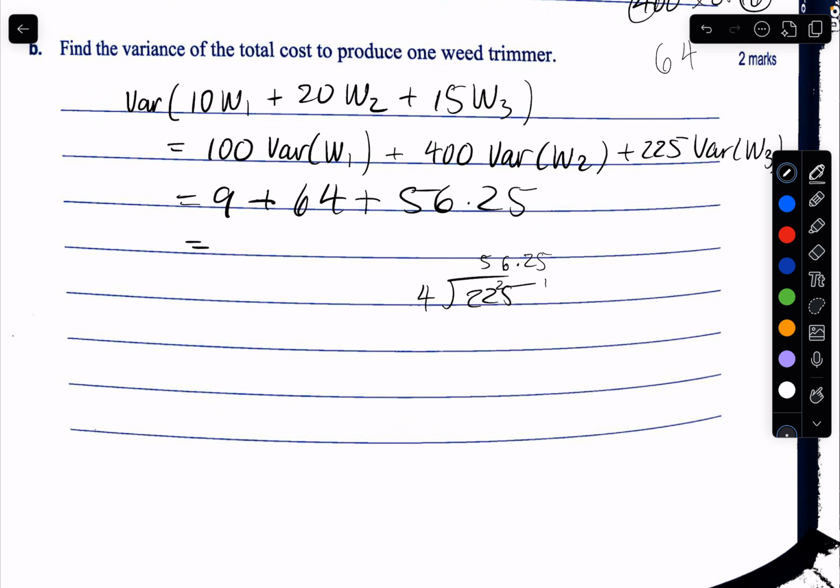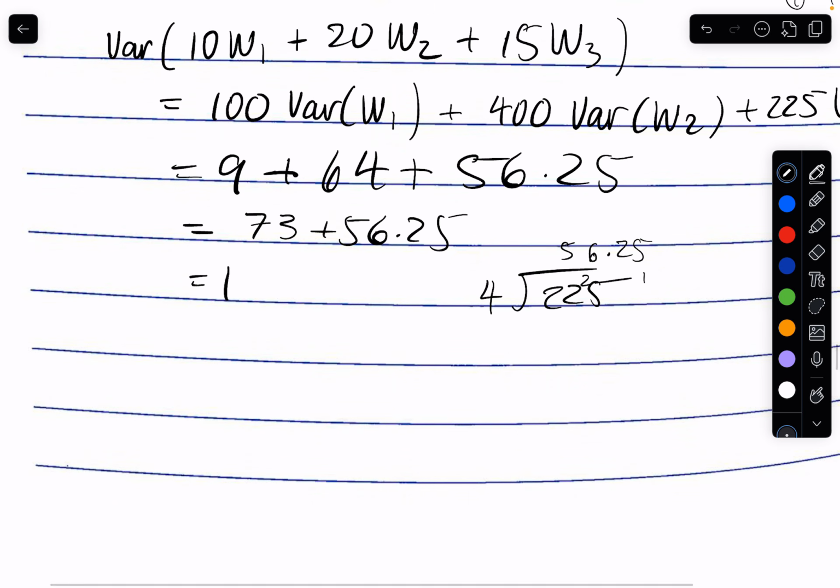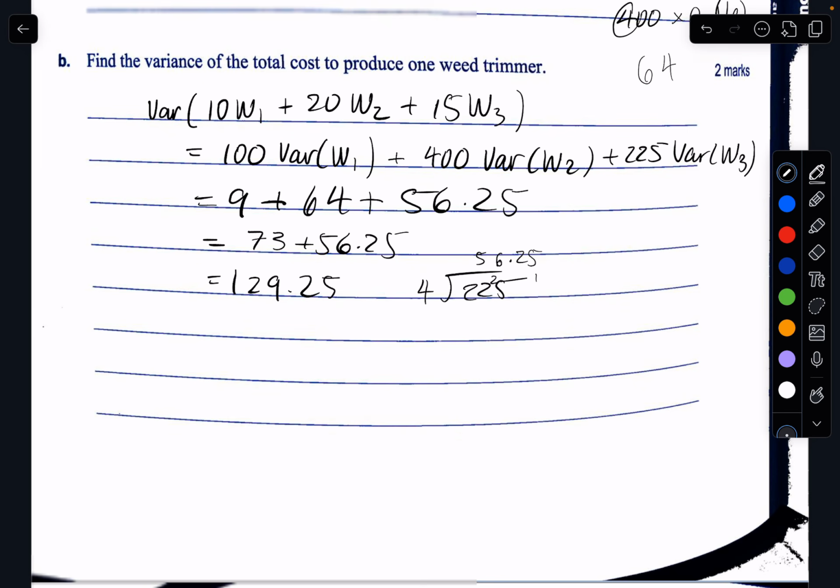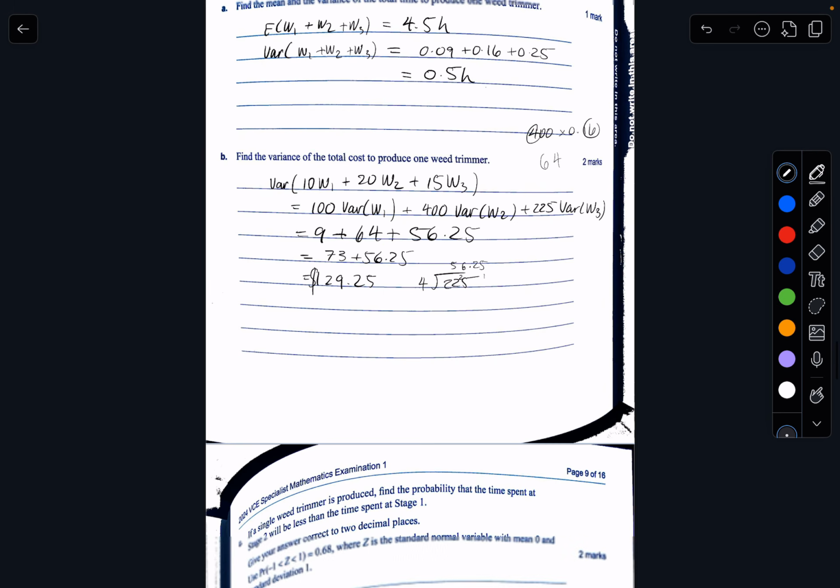Which is 73 plus 56.25, which is 129.25, I think, dollars. Is that right? Hopefully.